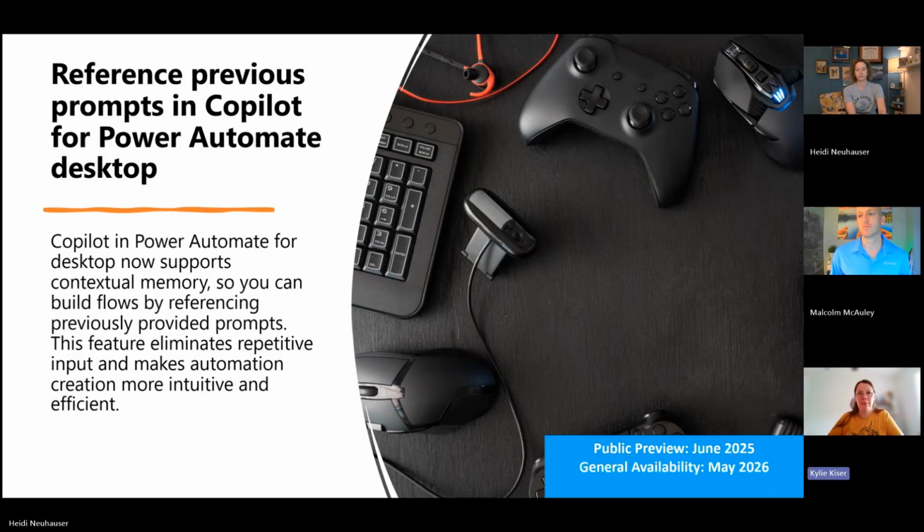Our efficiency, improved accuracy, and a more intuitive user experience. So this will help us to eliminate that repetitive input and be more efficient. I'm interested to see what this actually means in real life and how this works, because this is a lot of buzzwords that sounds interesting, but I want to see what it means for real.